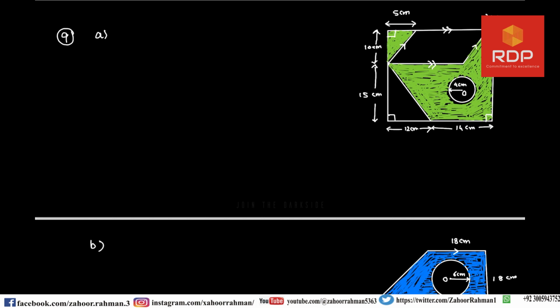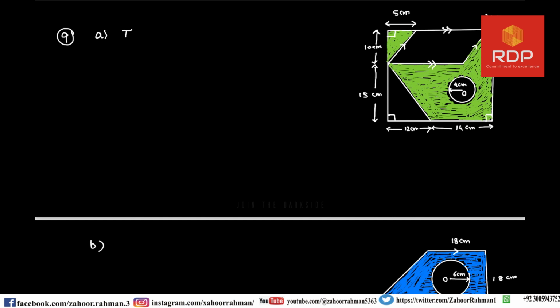Now the figure is shown to you on the right side of your screen, and also the dimensions are labeled with it for your convenience so that you can understand the question very well. So now let's start.